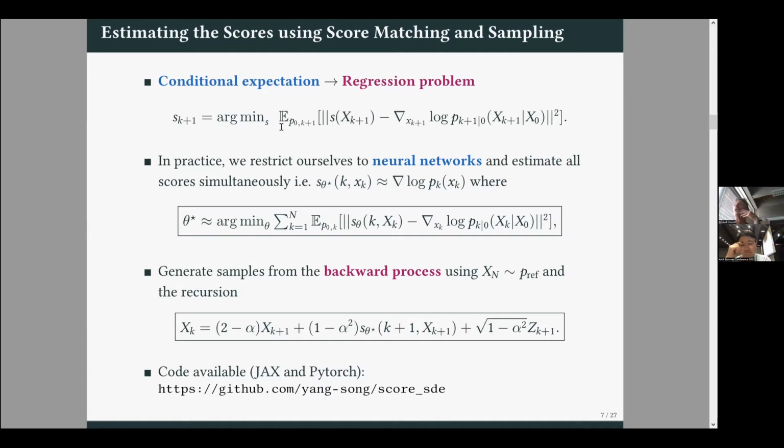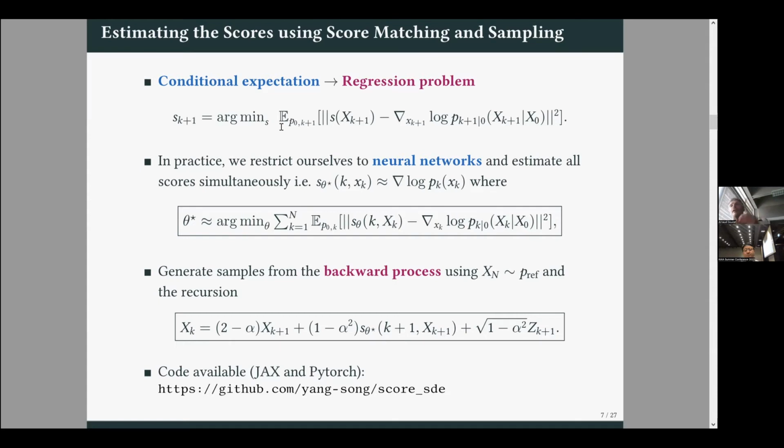Okay. So now you need to evaluate, because we want to evaluate not only the backward Markov transition kernel at a given time step, but over all the times between 0 and n. We have to estimate the score of all the marginal distributions, P1, P2, P3, P4, Pn, and so on and so forth.